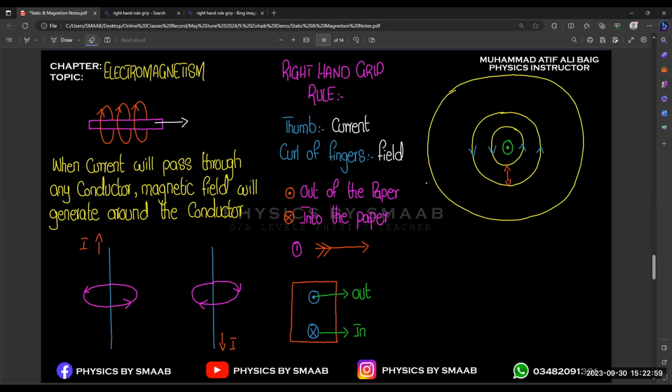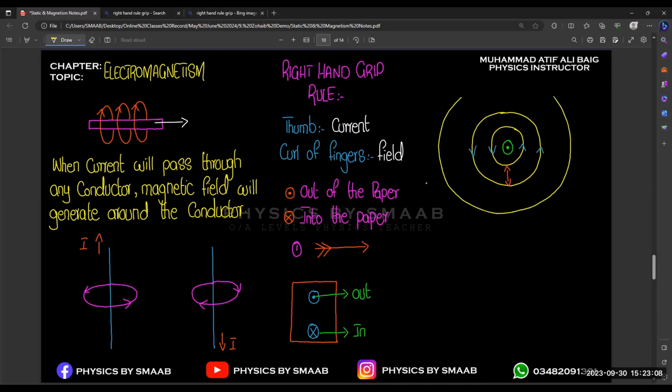Now you can see that your distance is actually increasing.